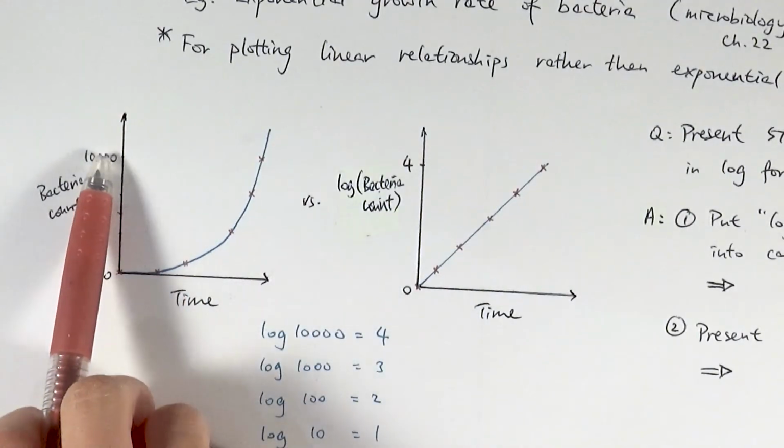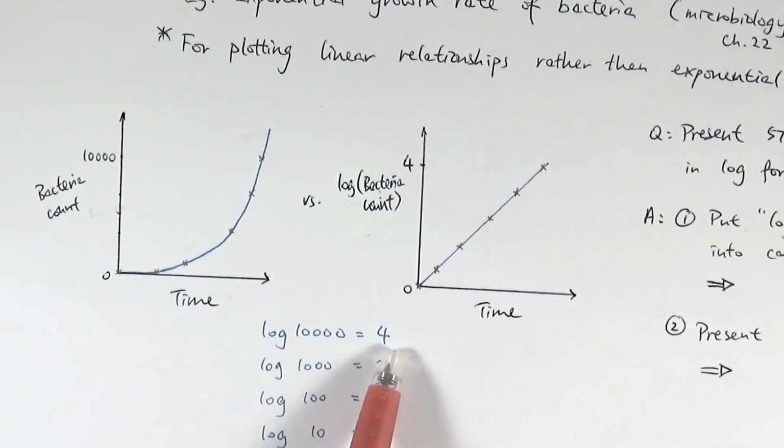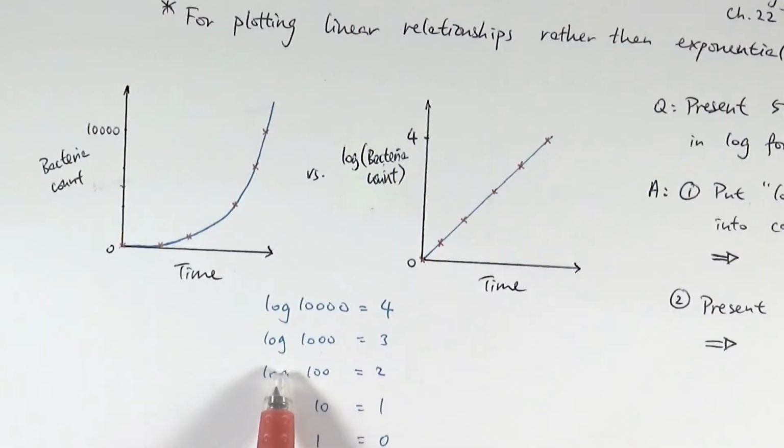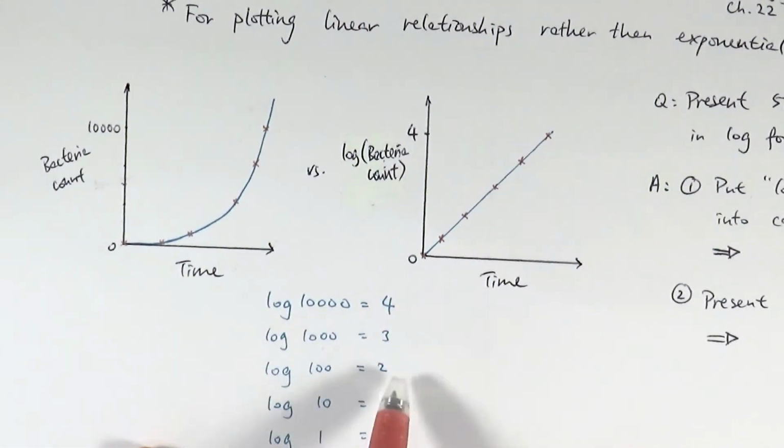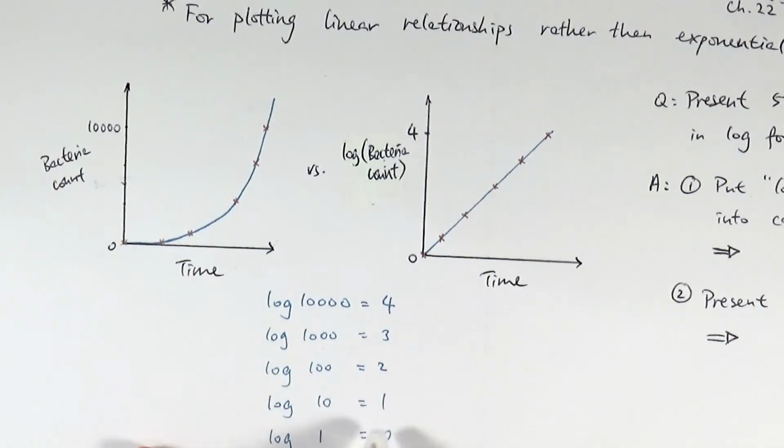In this case, if I log 10,000, it becomes 4, log 1,000 becomes 3, log 100 is 2, log 10 is 1, and log 1 would be 0. So the numbers are actually a lot easier to plot, whereas this one would be an exponential difference.